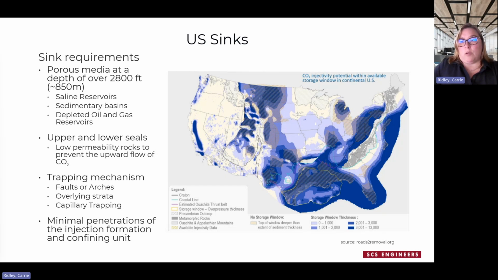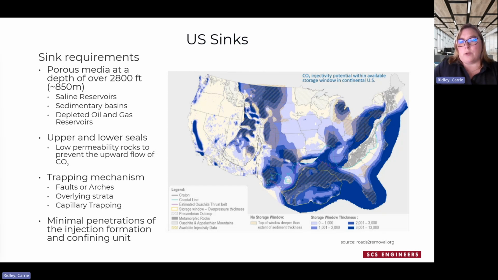At an even more local level, a way to prevent migration from the project property boundary is either through a fault, arch, or overlying strata, and the overlying strata can form a capillary trap, allowing the CO2 to dissolve in the formation fluid. Also, the area needs to have minimal penetrations into the storage zone and the confining units to help prevent against leakage.